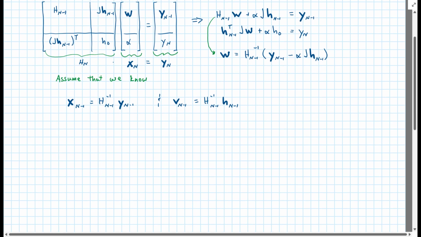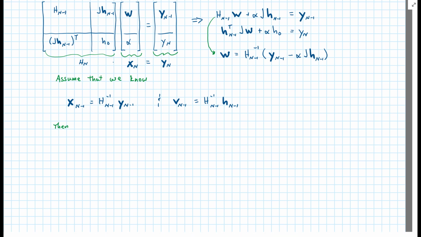If we know those, then we can rewrite our expression for w as w is equal to x n minus 1 from those first two terms.